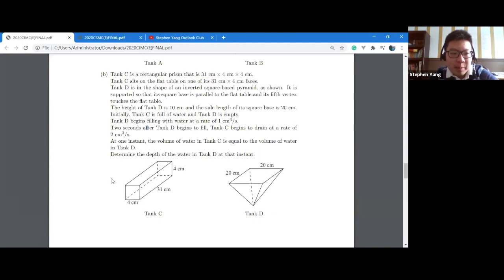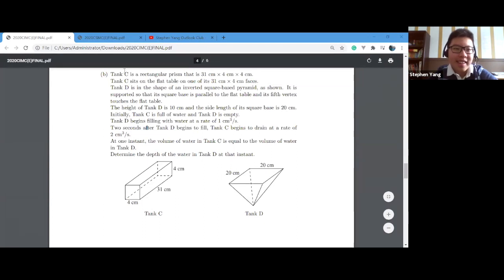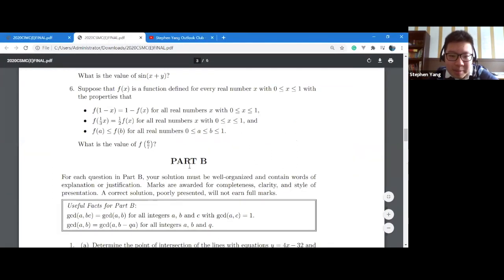Okay, so B3 on CSMC would take really long. Do you still want to listen to B3 on CSMC? Okay, I guess. B3.